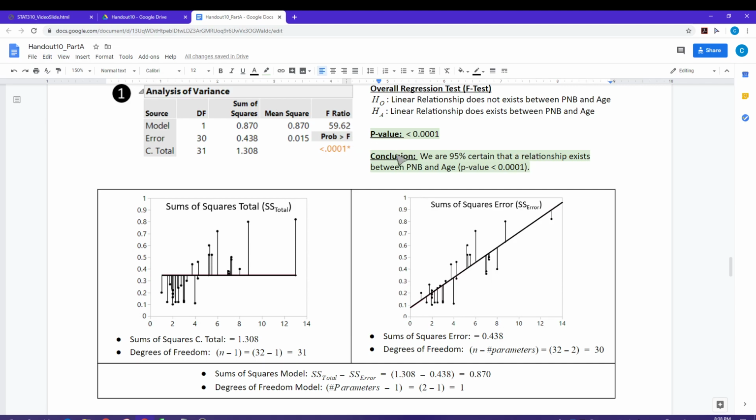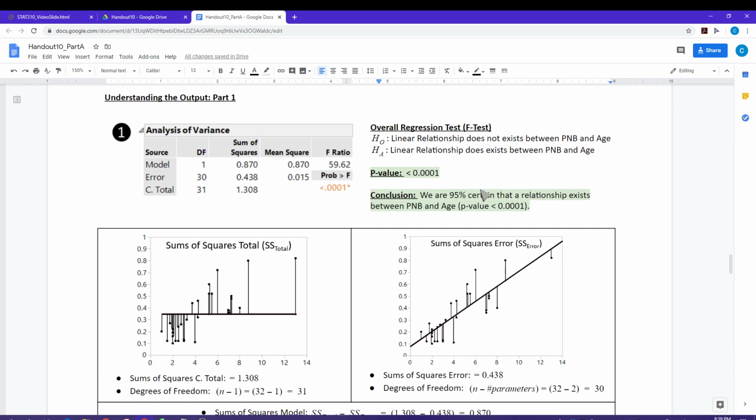The conclusion from the overall test was that a relationship exists between these two quantities. Well, that's equivalent to asking whether or not the slope is flat. Up here, we decided that there was indeed a relationship from the overall test.